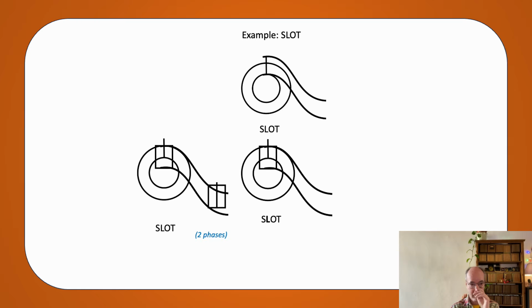Slot. Slot has different meanings, but let's first design it. The slot, here we have the sl, the O, and then it abruptly ends with the T at the end. So the slot there, I also have it in two phases.